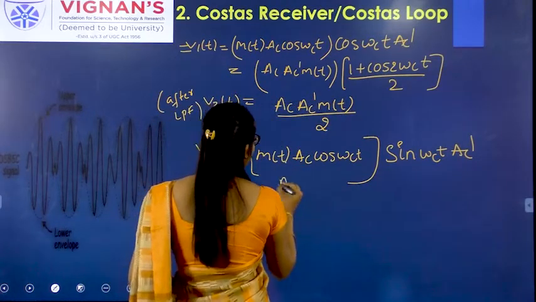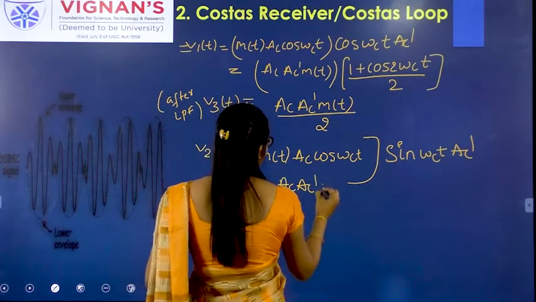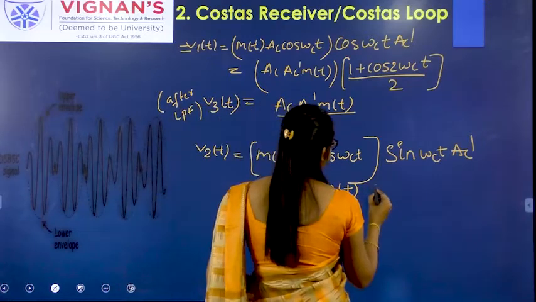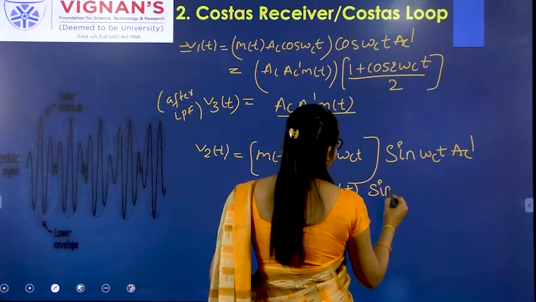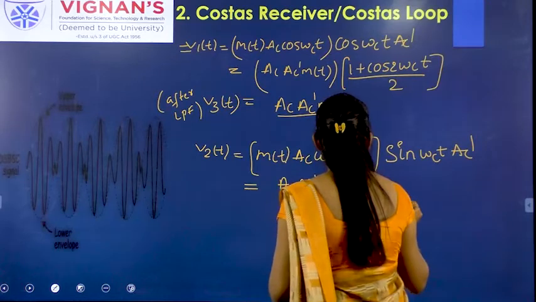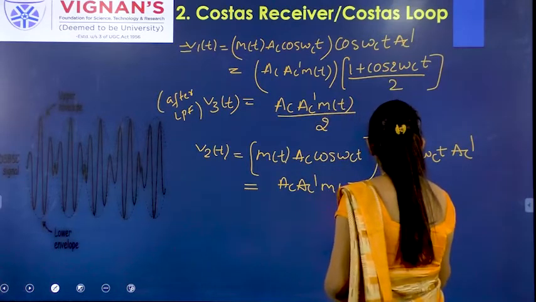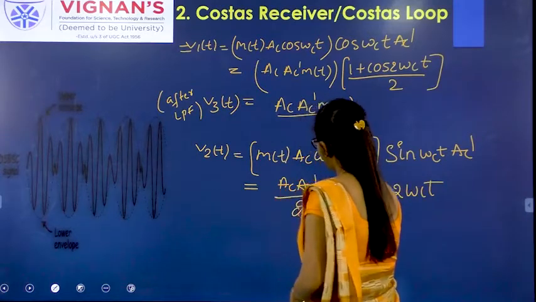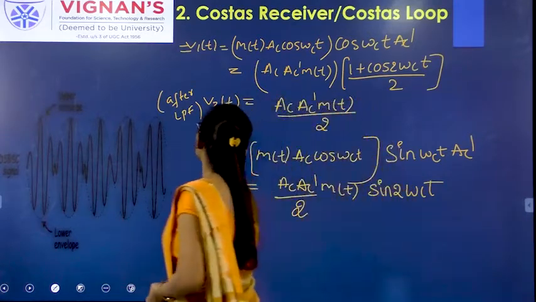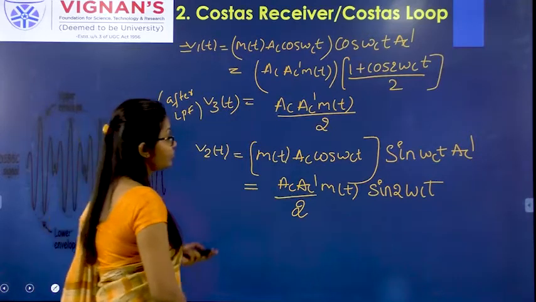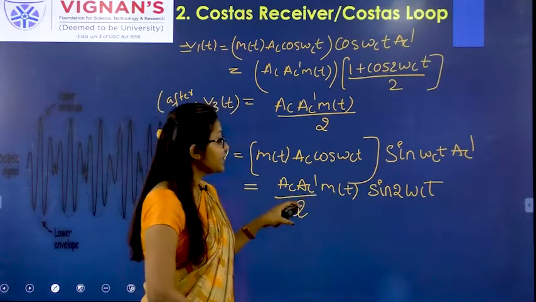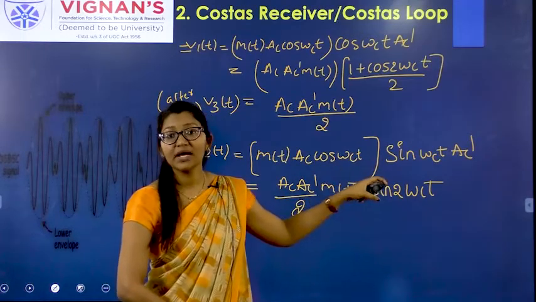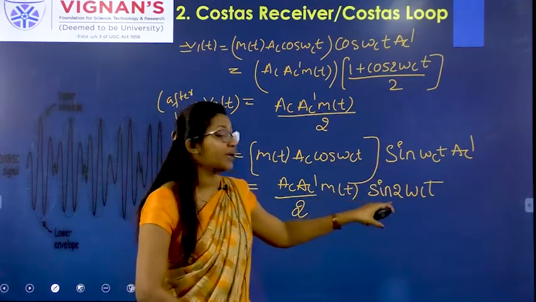So finally you will get AC dash by 2, where cos omega ct into sin omega ct, you will be having sin 2 omega ct.